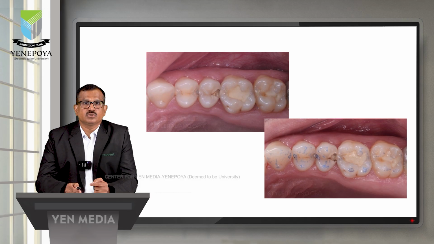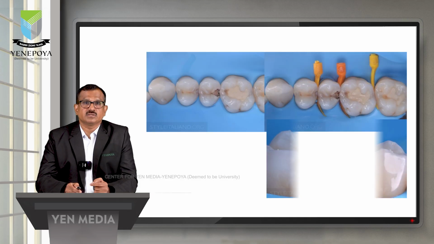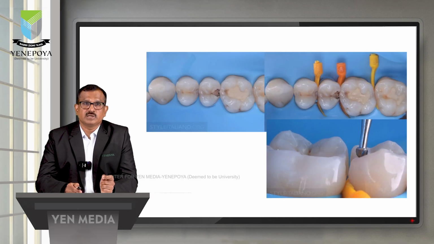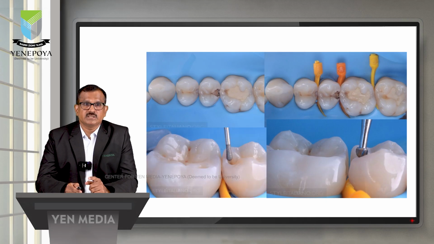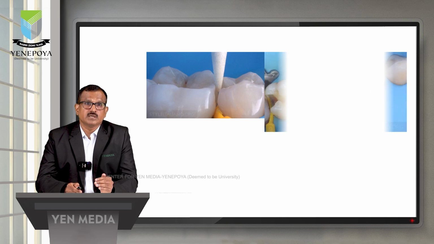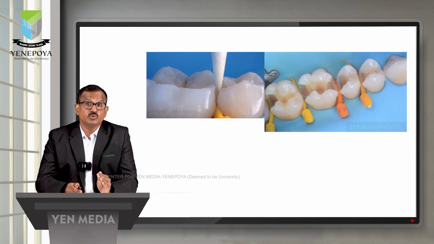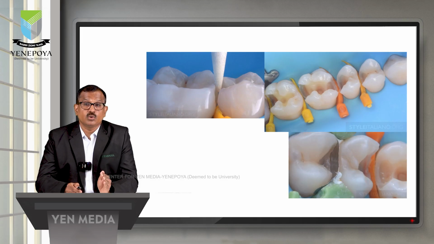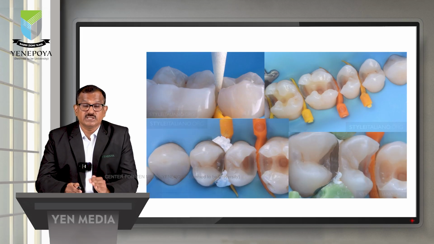This is just to show you the whole sequence of the final restoration. Remember what I told you about the caries: first the caries removal, then the cavity preparation, then how the proximal aspect has to be. Remember, we are only removing caries and not extending the cavity unnecessarily. See how nicely isolation and wedging have to be done.